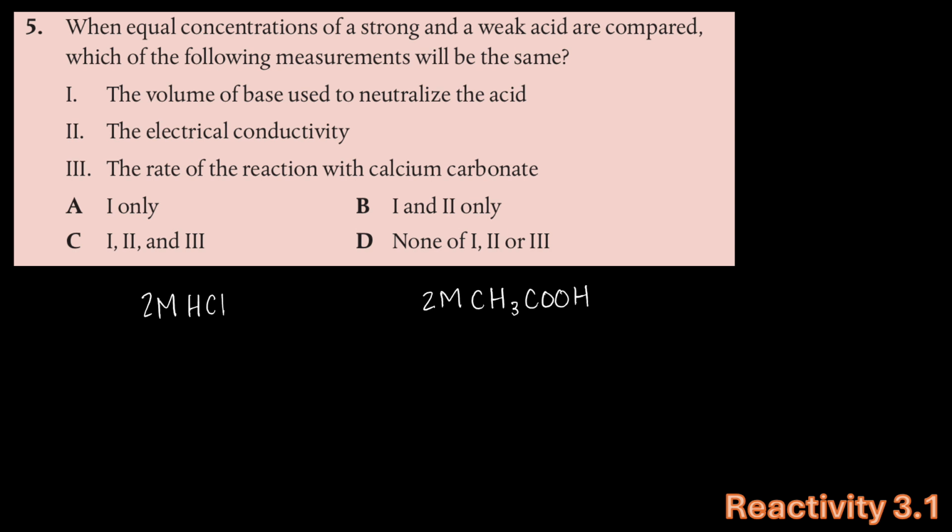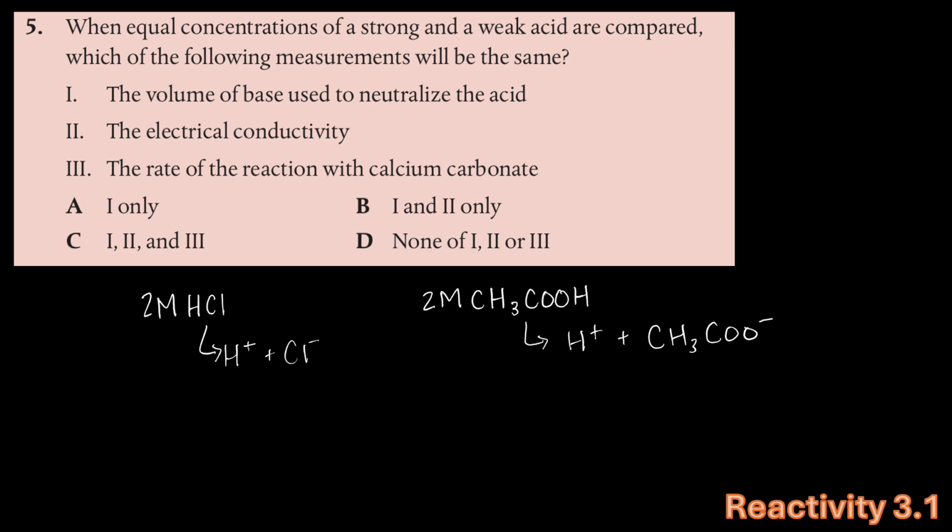The first one says the volume of base used to neutralize the acid. Now remember, both of these are acids, so both of these are proton donors, which means when they become a conjugate base, they're going to donate one of their protons. So HCl donates an H+, and then it becomes Cl-. Ethanoic acid donates an H+, and becomes its conjugate base.